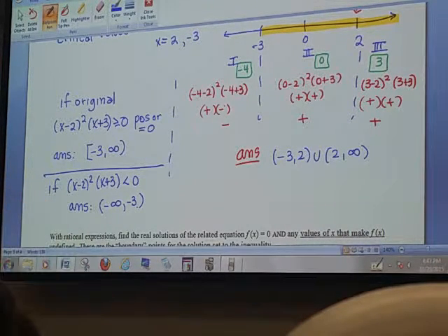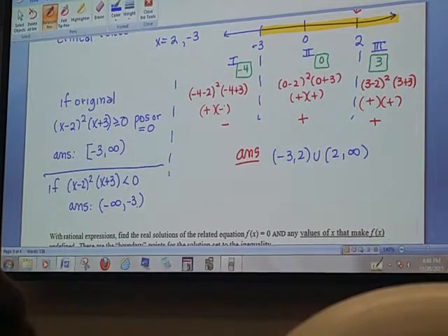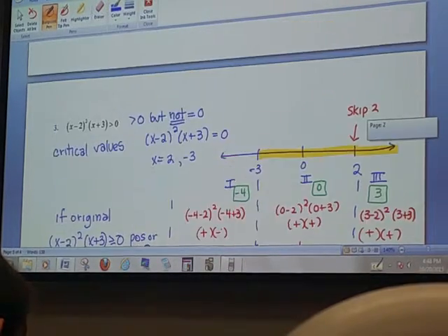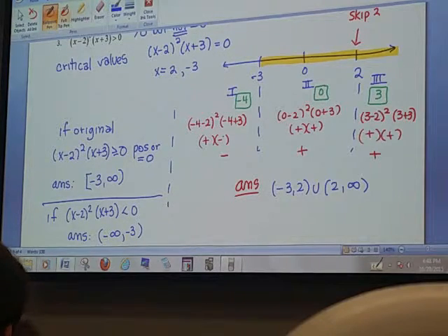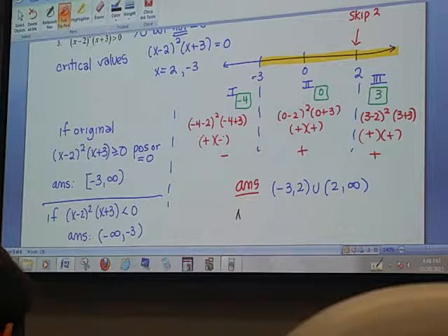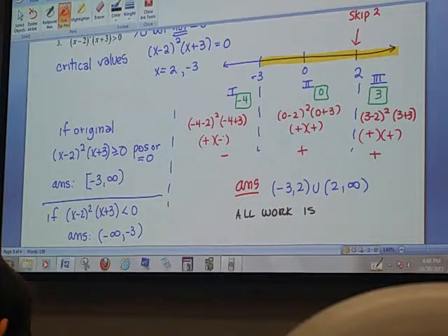I'm just saying, all you have to do to make these different problems, even though they look almost identical, is switch the signs. In other words, this main stuff over here where all the work is, all the work is the same, no matter what it says.